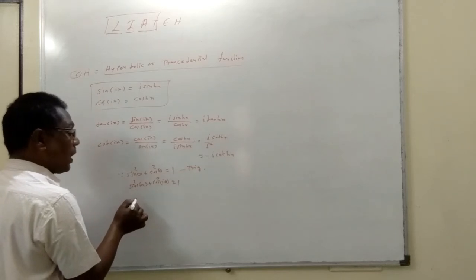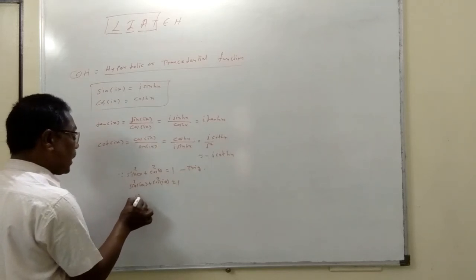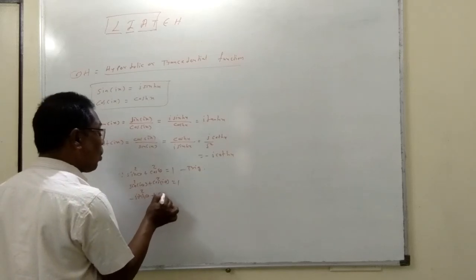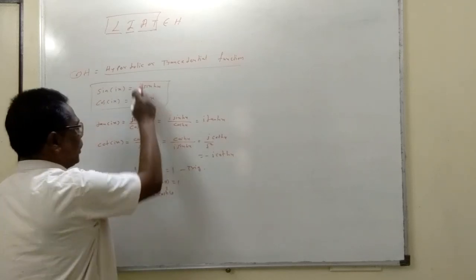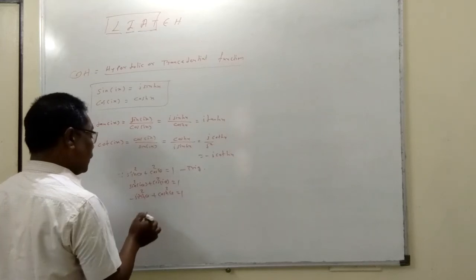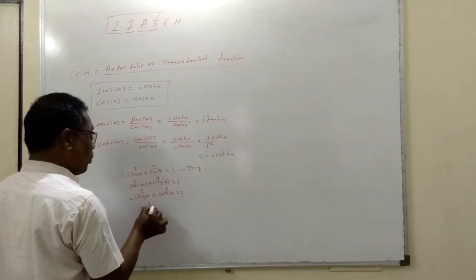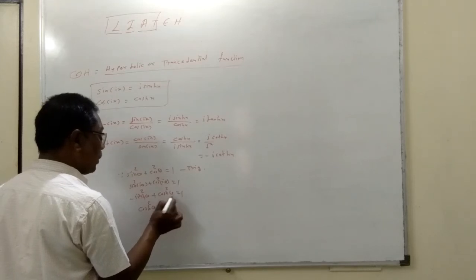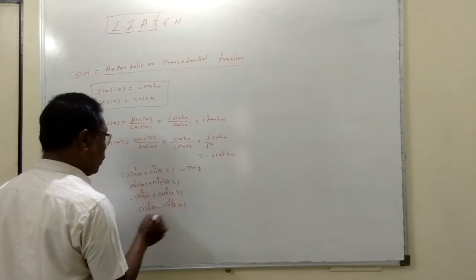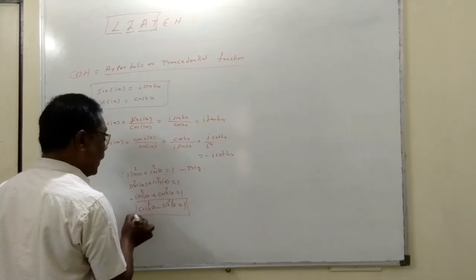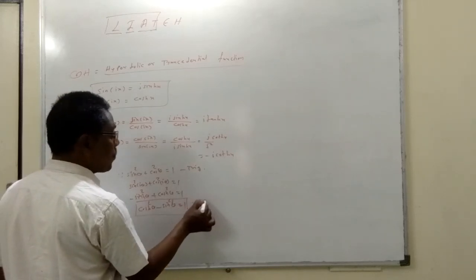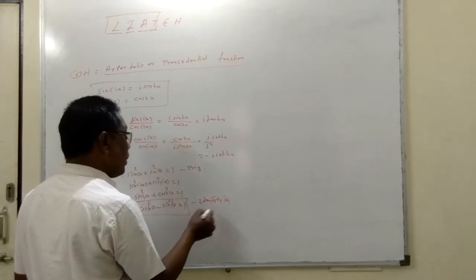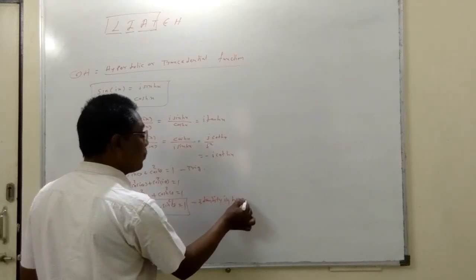Sin ix is i sinh, so i square gives minus sinh square theta, plus cosh square theta is equal to 1. So cosh square theta minus sinh square theta is equal to 1. This is the identity in hyperbolic function.